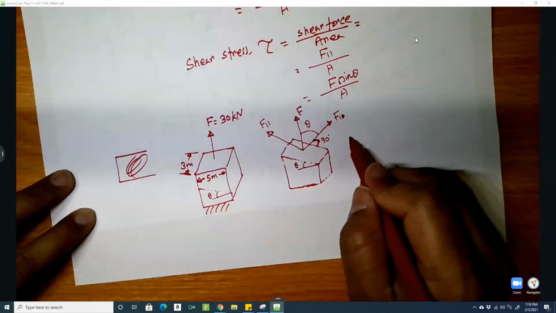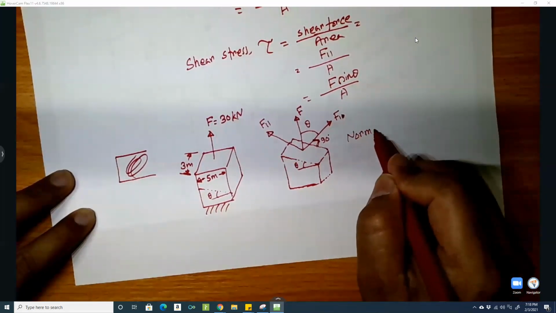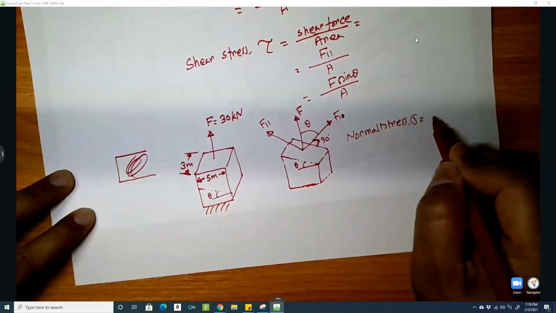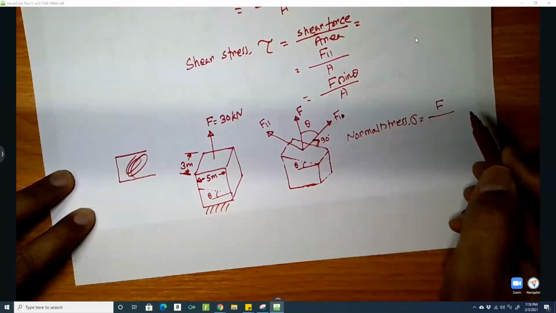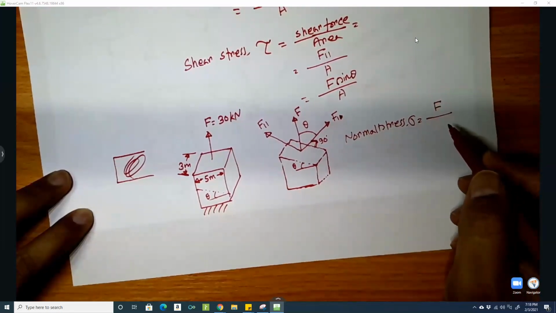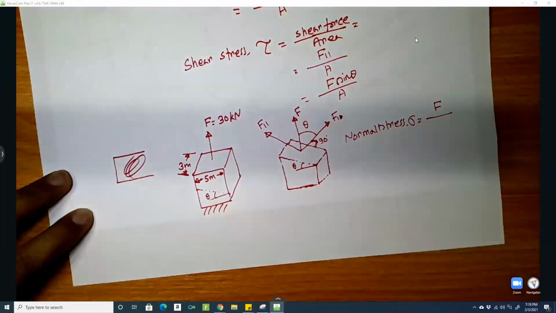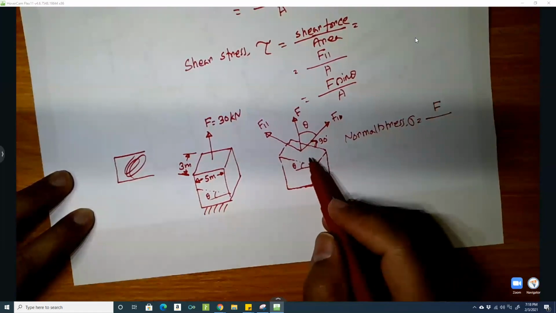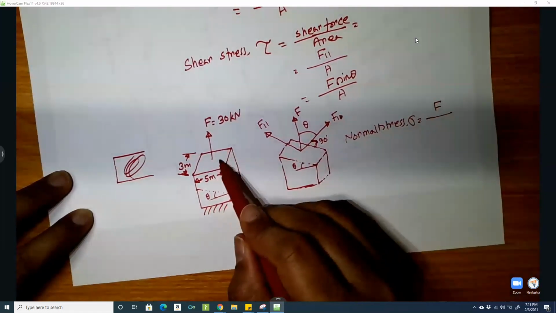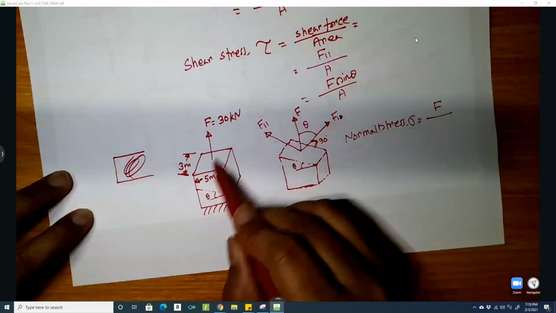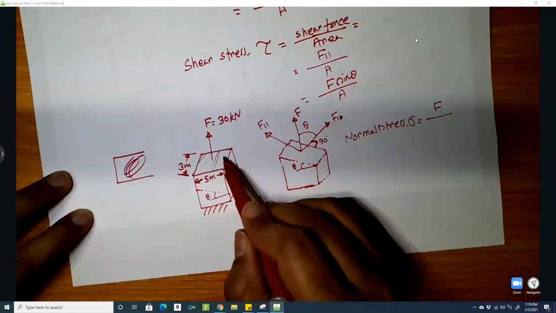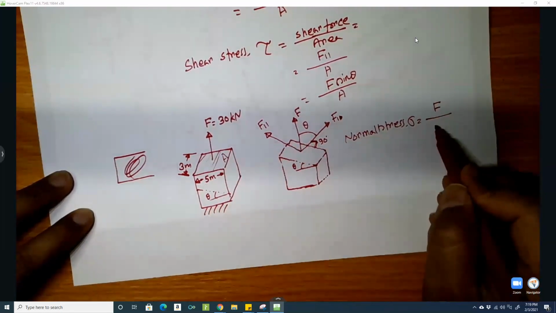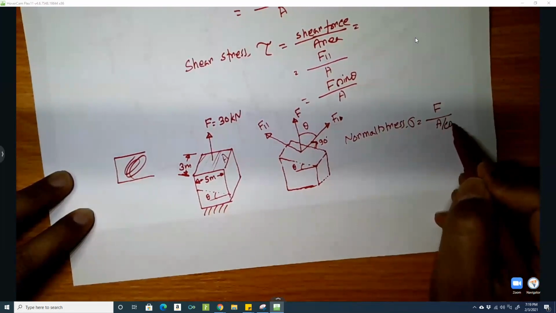So the normal stress sigma is equal to F1 divided by area. Now if this area is A, this inclined area is actually A by cosine theta.